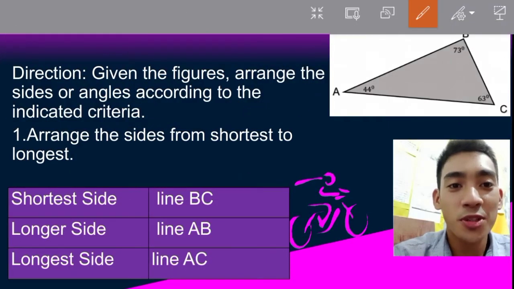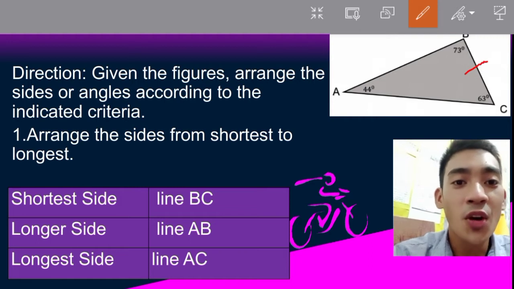These are the answers. Our shortest side is line BC, while our longer side is line AB, and the longest side is line AC.